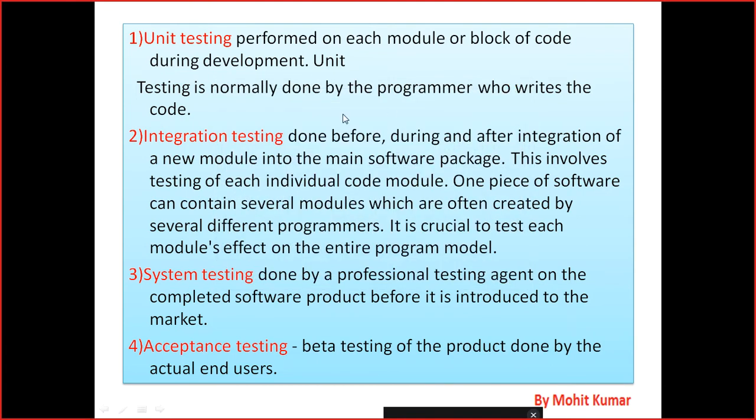We already discussed unit testing. It is performed on each module or block of code during development, right? Unit testing is normally done by the programmer who writes the code. We testers are not doing unit testing. When the developer develops the code, they do unit testing and test the critical functionality.